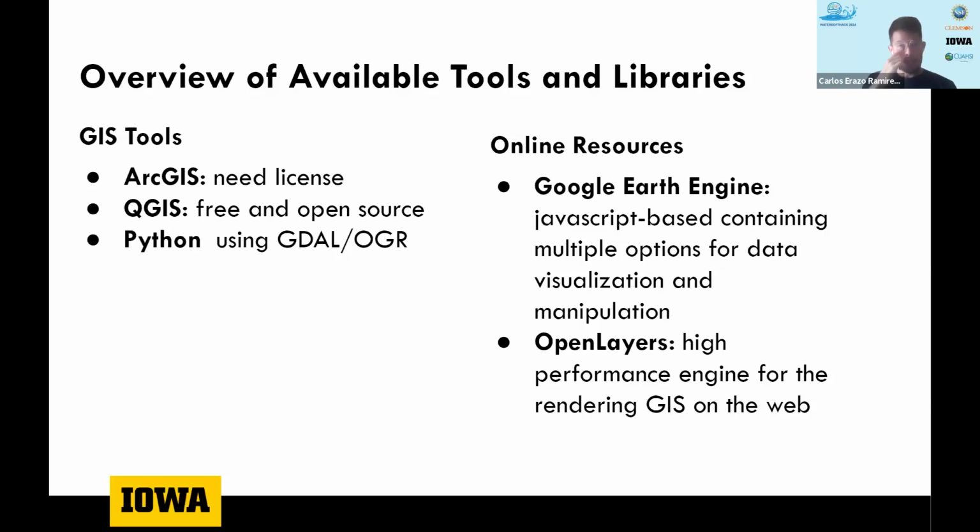For the tools regarding mapping and layering in visualization in general, we have ArcGIS and QGIS. You can do a lot. Well, you can do everything within those two. The difference is that one requires a license and the other one is free and open source. And of course, open source software is great.